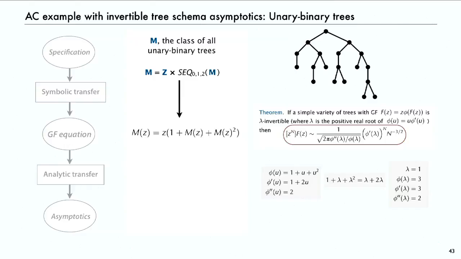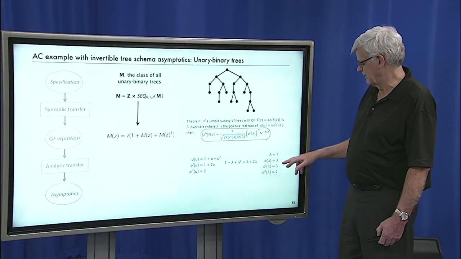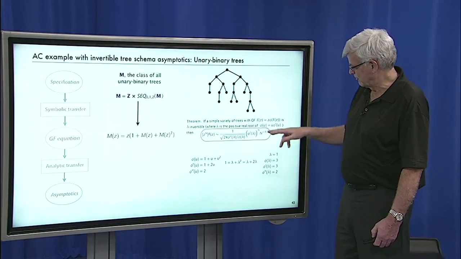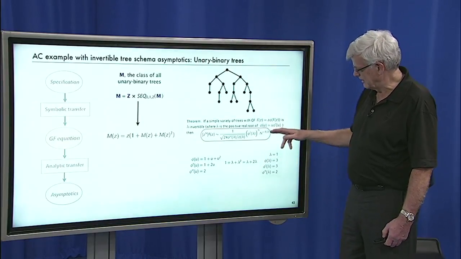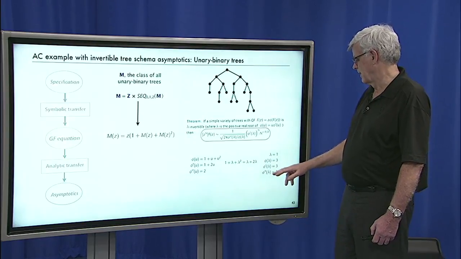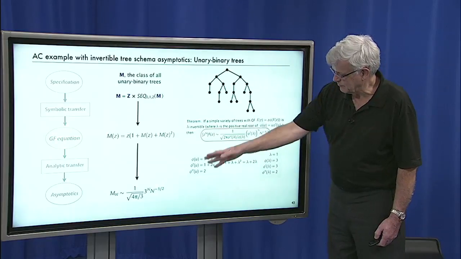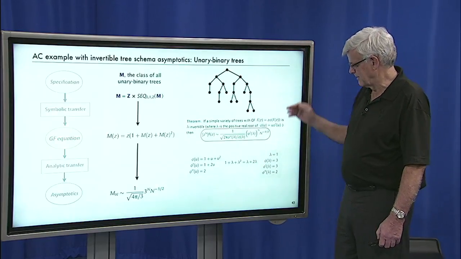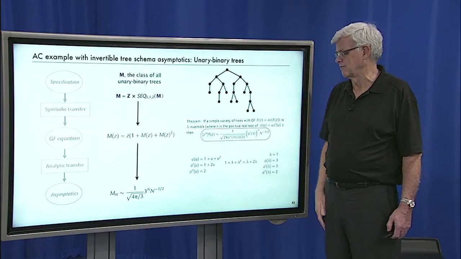So then phi of lambda equals 4, phi prime of lambda equals 4, phi double prime equals 2. So that means the exponential growth factor is 4 to the n. We have the n to the minus 3/2, the ratio of phi double prime to phi, and boom, we have the coefficient asymptotics: 4 to the n, n to the minus 3/2, and we have the coefficient.